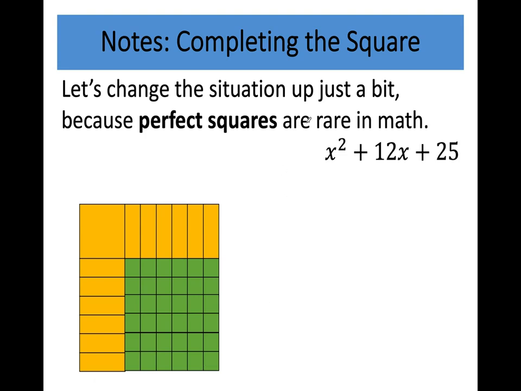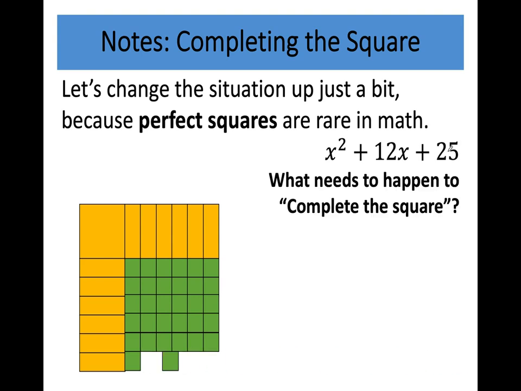What happens when we have one that is not? So instead of 36, we have 25. We need to figure out what to do to complete this square because they are so rare in our math classes. So pause the video real quick, how many boxes do we need to complete this square?